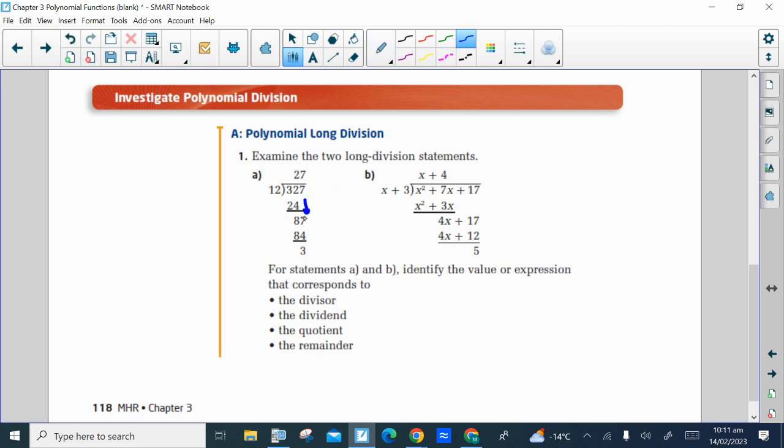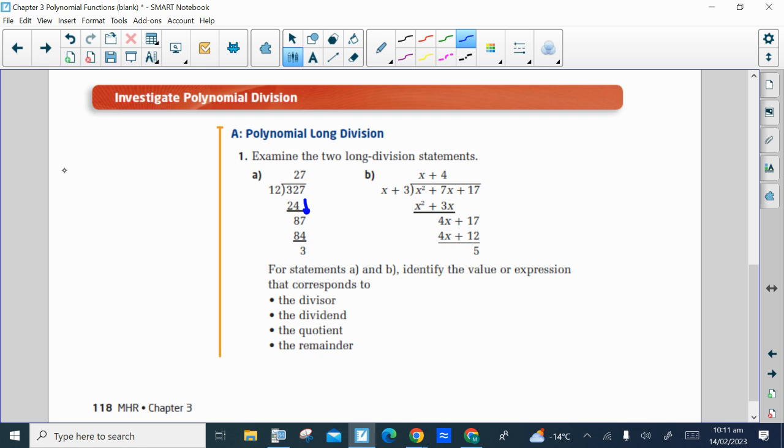And that 8 becomes 87. And 12 goes into 87 7 times. That's where the 7 comes from. The 7 times the 12 is 84, and when you subtract them, you get a remainder of 3. When you divide 327 by 12, you'll get an answer of 27, and there's a remainder of 3.